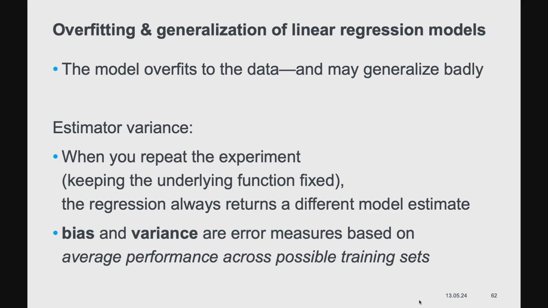And the problem comes from the estimator variance. So you estimate the function, and the estimate depends on the data that you have sampled. We always assume that, like in this linear regression case, we have a true underlying function which truly gives us data, but then the data we are given are sampled from the true underlying function.